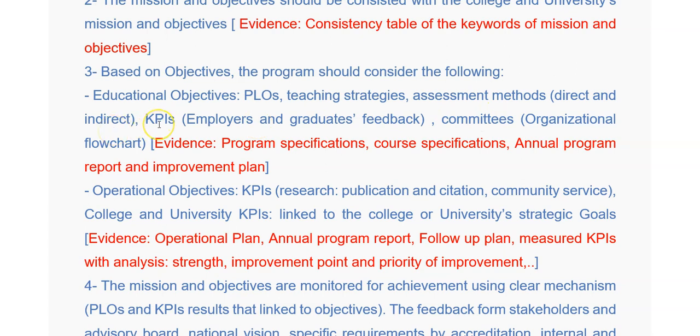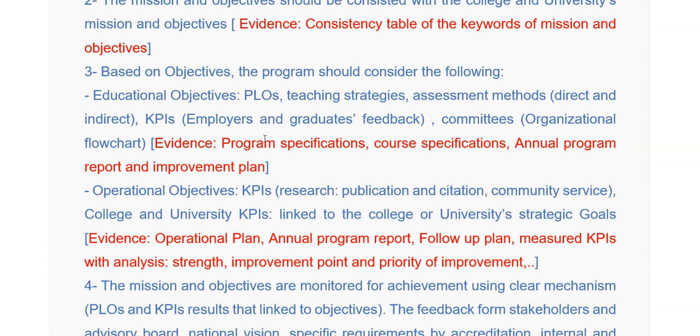You also have some KPIs, for example, employers' and graduates' feedback, and these KPIs are also linked to your educational objectives. You have committees, you have an organizational flowchart showing the committees and their tasks, because based on the committees you have activities that should be implemented, and implementation of these activities will be reflected in the results of measuring KPIs and program learning outcomes.